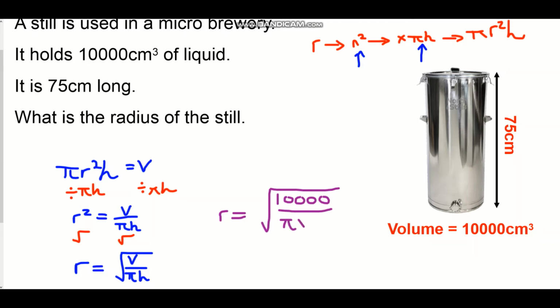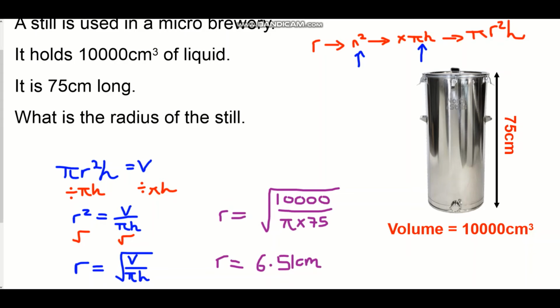That's pi times, in this case, 75, because the still is 75 centimeters tall. If I put that all into a calculator, I get the final answer of 6.51 centimeters. So it's quite a small still, 75 centimeters tall, about 13 centimeters along the top in diameter, and its radius is 6.51 centimeters.